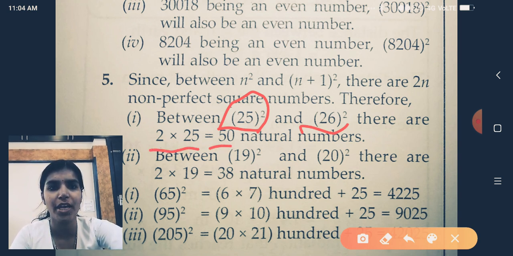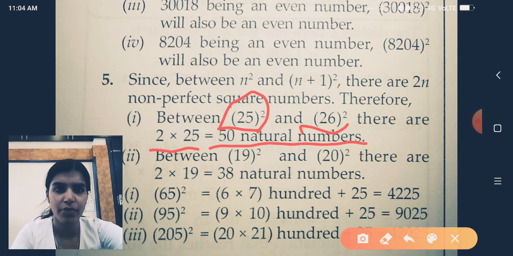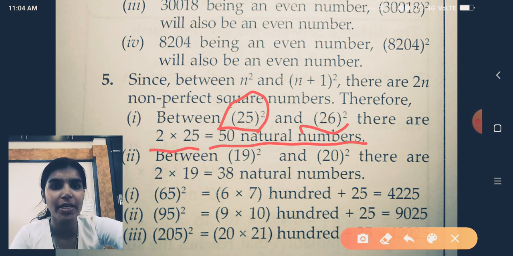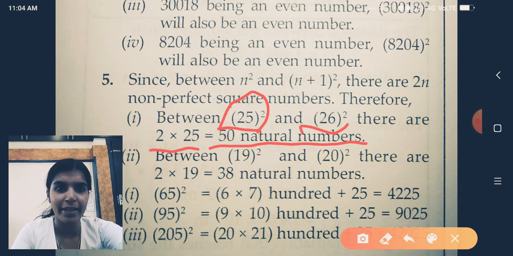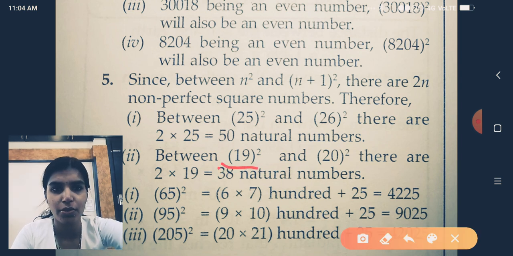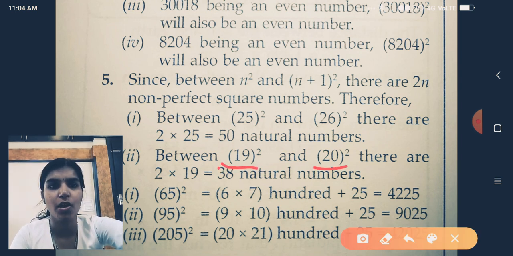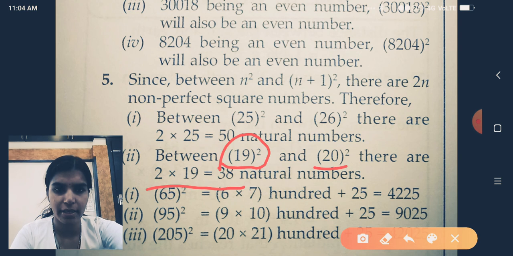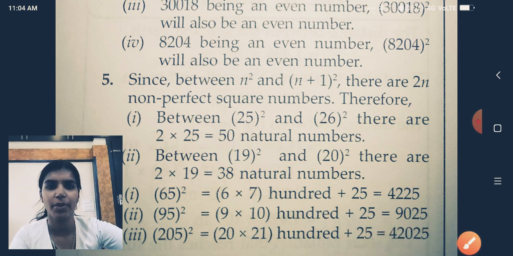So 50 natural numbers are there between the square of 25 and the square of 26. Then the second example: natural numbers between 19 squared and 20 squared. These are consecutive numbers, the smaller number is 19, you multiply it by 2, so your solution is 38. It is very simple.